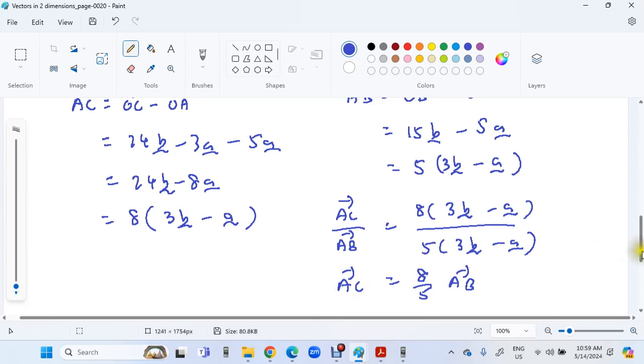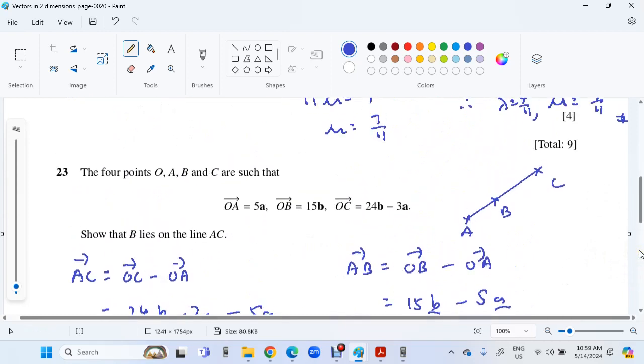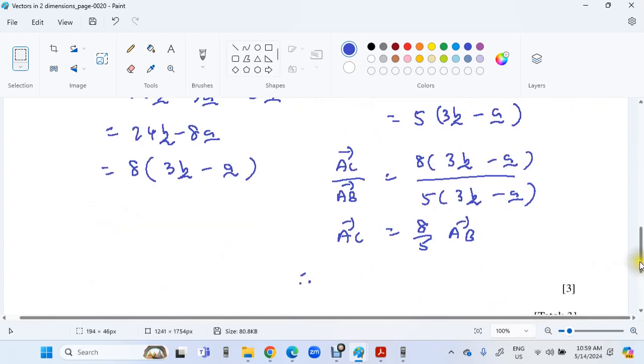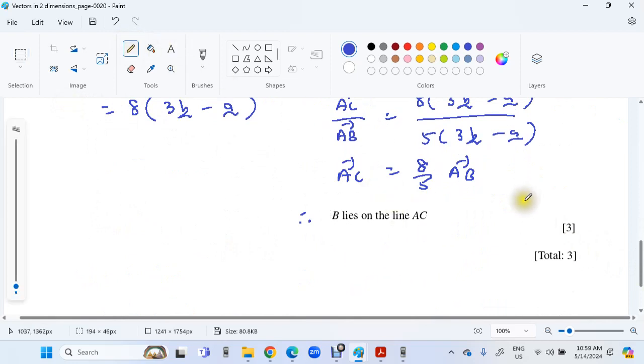From here we can say that B lies on the line AC. So A, B, C are collinear.